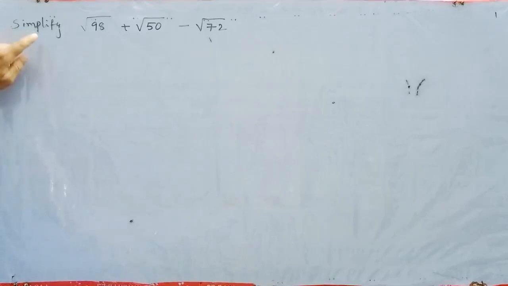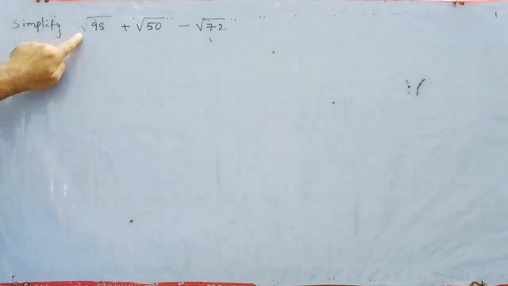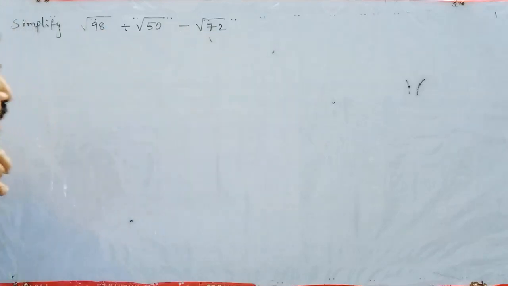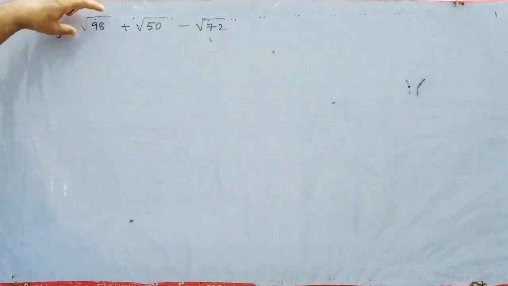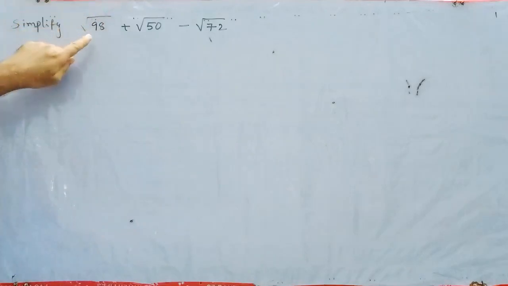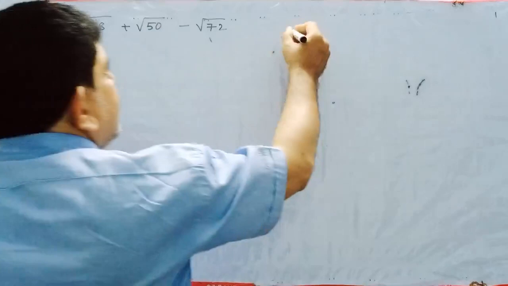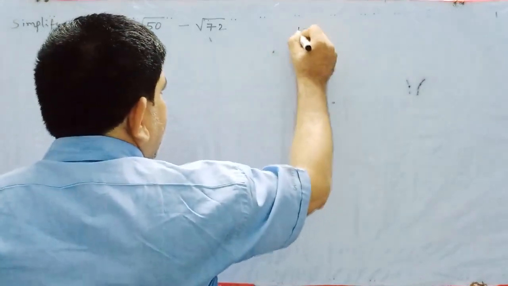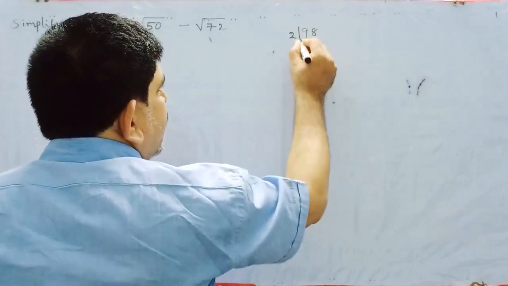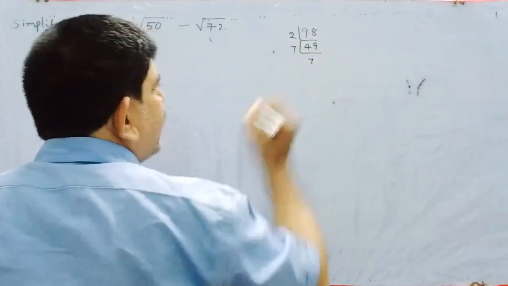Okay, next question. Simplify square root of 98 plus square root of 50 minus square root of 72. If you don't know how to write the given values as the product of two equal factors directly, then you have to take out the LCM. So 98 can be written as 2 4s are 2 9s are... next one 7 7s are 49.